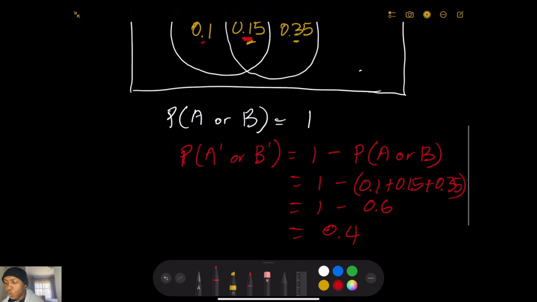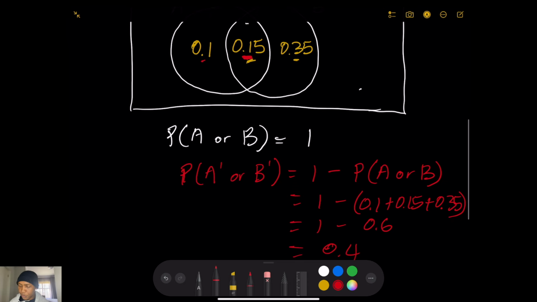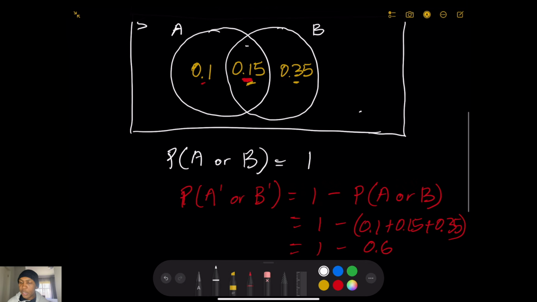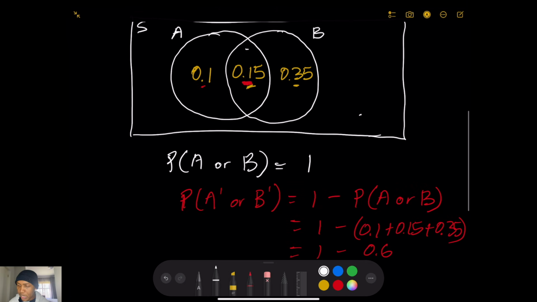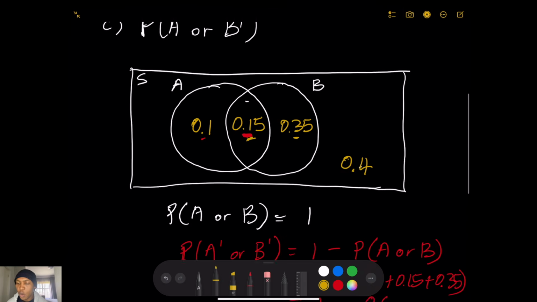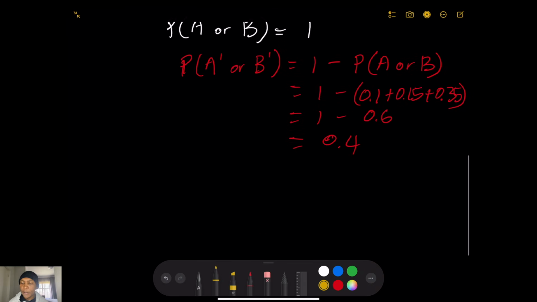Okay, so I hope that is visible there. So in this case, that means that on the outside here we also have 0.4. That is not what is within A or is in B, right?